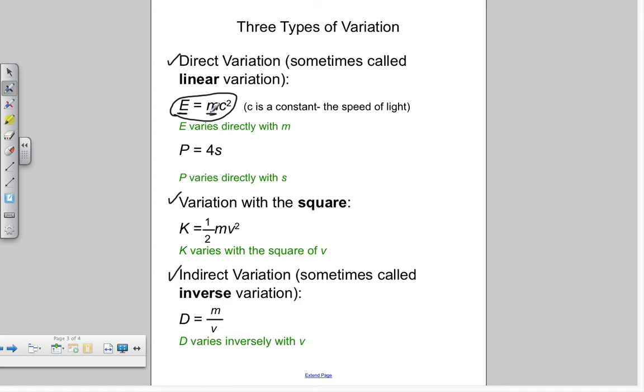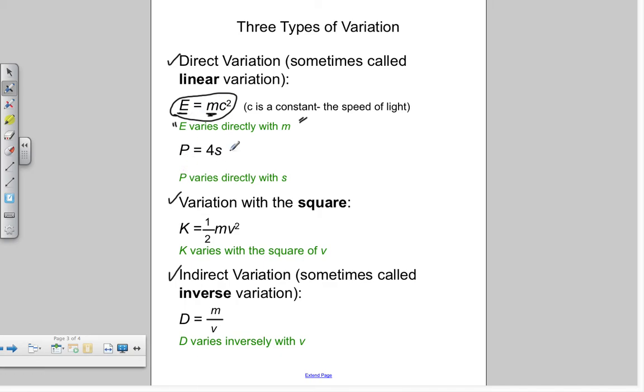Those are my 2 variables. So this is considered direct variation, sometimes called linear variation. What you would say, so I'll put this in quotes, the green is, E varies directly with m. We want to know what happens to E? How does E exist with m? Well, E varies directly with m because whatever m is, that impacts what E is.